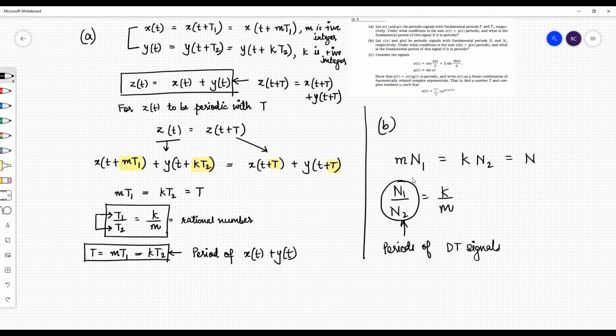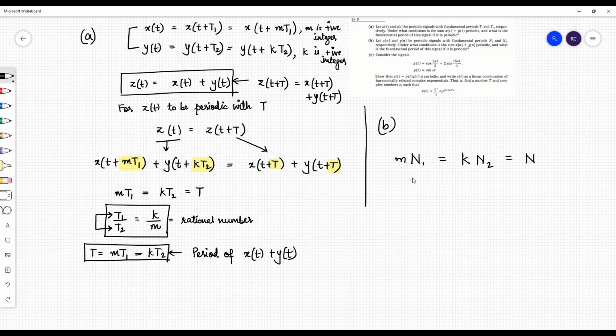They have to be integers, which means that this whole exercise is kind of futile, in the sense that the conclusion is that no matter what, as the question asks, under what condition is the sum of xn plus yn periodic, the sum of xn plus yn is always periodic if xn and yn were both individually periodic, right? And what would be the period in that case?